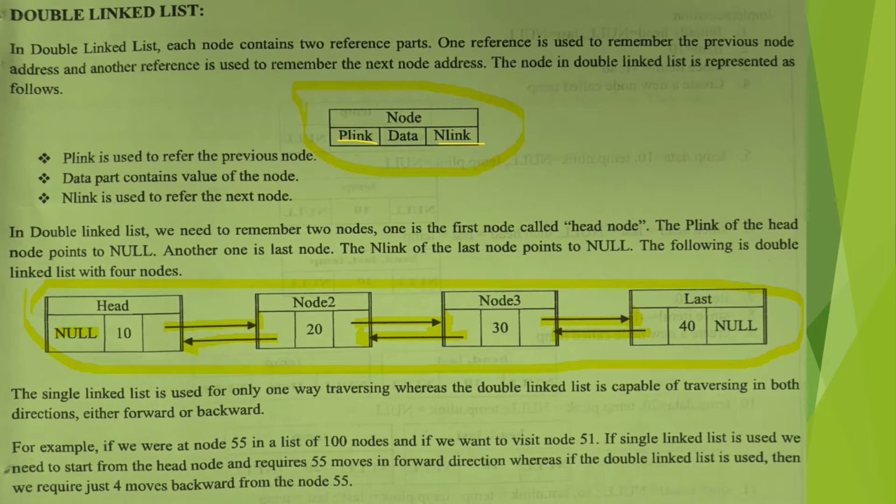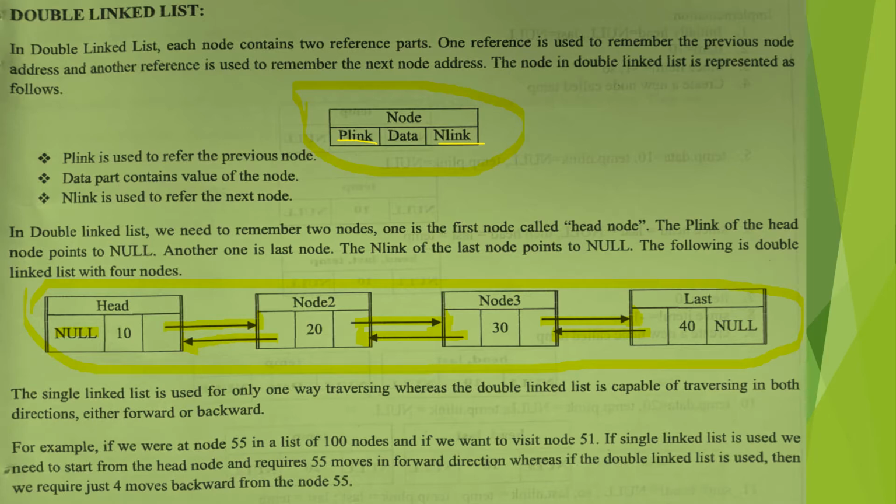The nodes don't contain the reference of the previous element, whereas in the double linked list, the node contains the address of the previous element as well as the address of the next element. So we can traverse in both directions, either forward or backward.